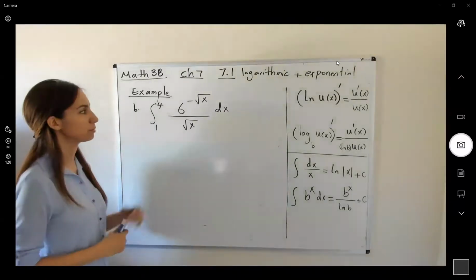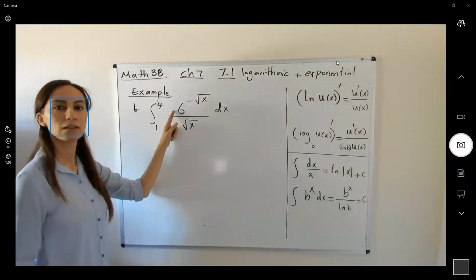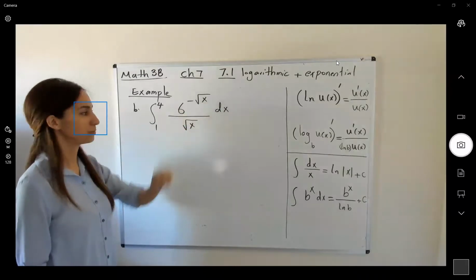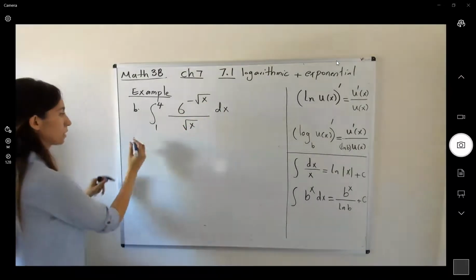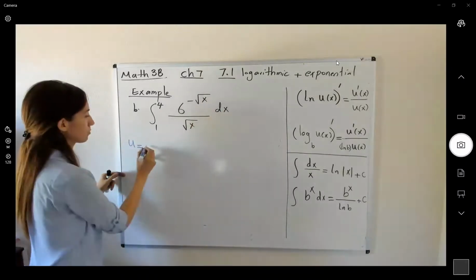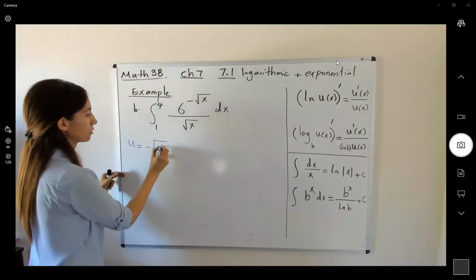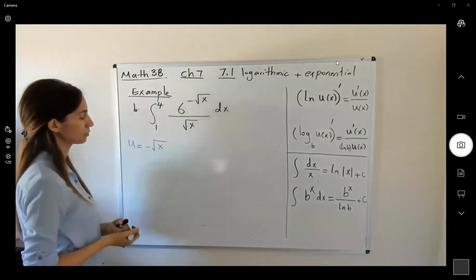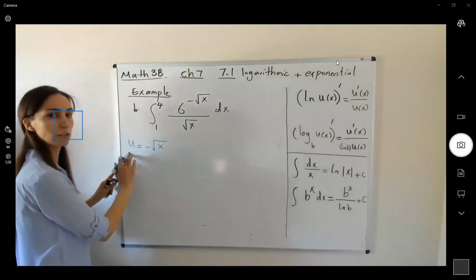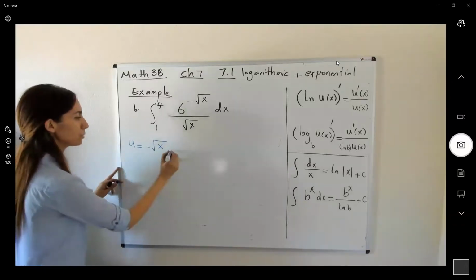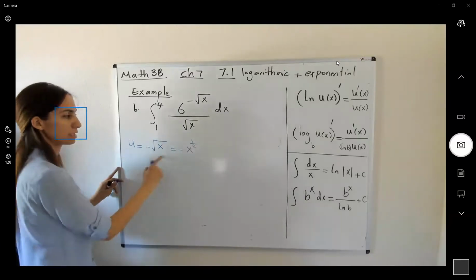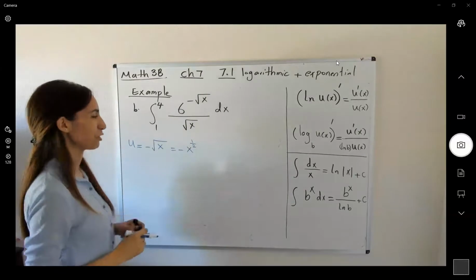Okay, very well. Here we have an exponential function, and the exponent is another function. So let u be your exponent, minus square root of x. So we're going to take the derivative of u. U can be written as minus x raised to a half. That's how to define a radical function.